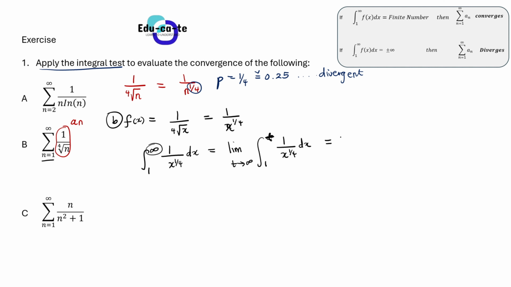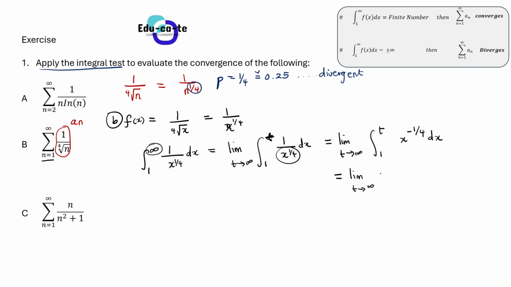We can say this is the limit as t tends to infinity of the integral from 1 to t of x to the power of minus 1 over 4 dx. You just take x to the power 1 over 4 to the numerator, and it becomes x to the power negative 1 over 4. It will be very simple, because you can just reverse the power rule to evaluate this integral.